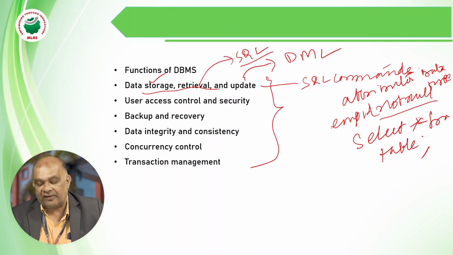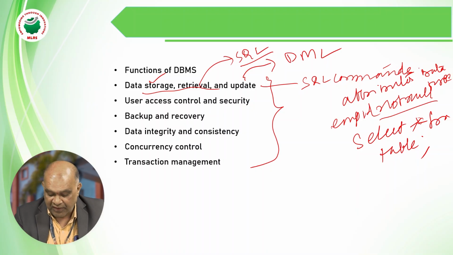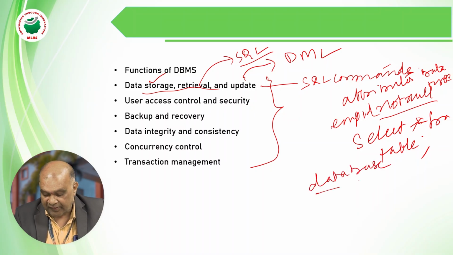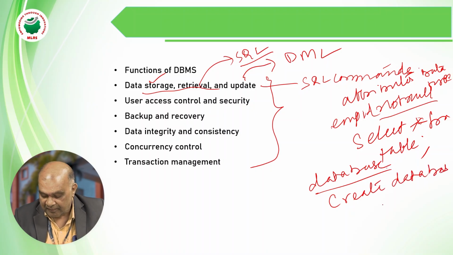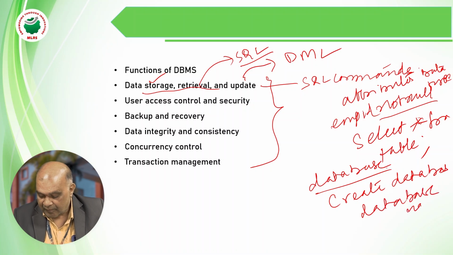User access control: for each and every user, we create a database. Create database name, right? Create database is the command: create database name. So one database will be created.